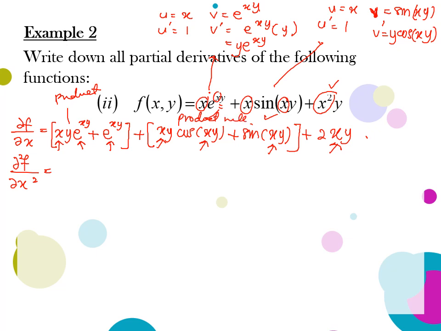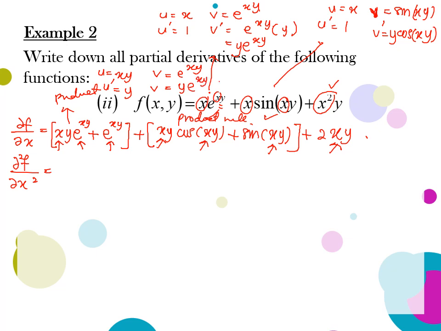So once again, for this part, you have xy as u, v is exponent xy. Differentiate u, you will get just y. Differentiate v, you will just get y exponent xy.